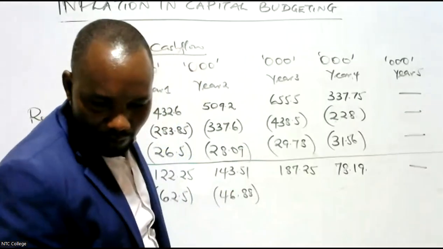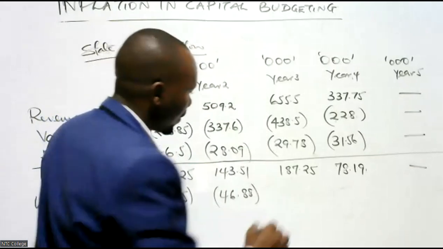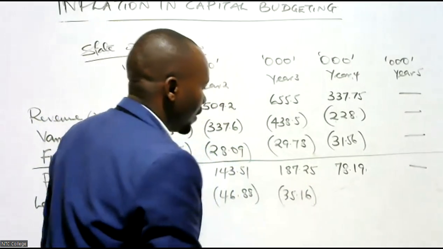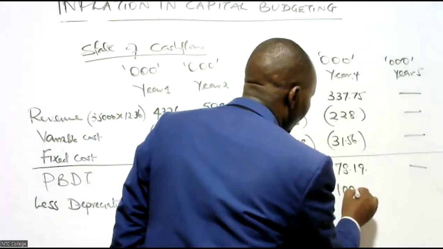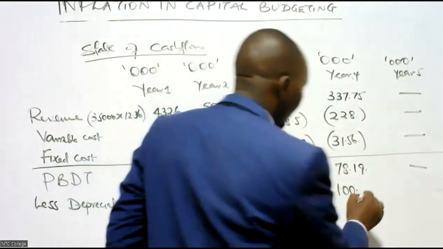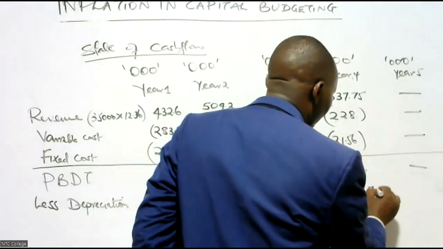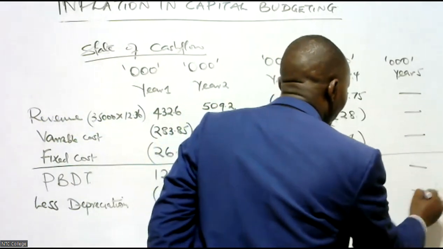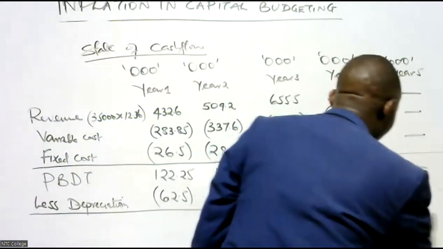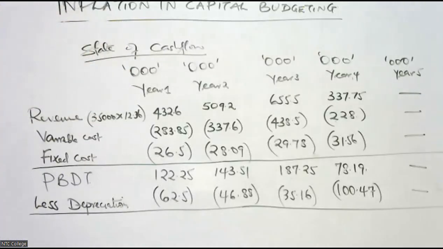And then year three, having 35.16. Here we had 1,000 point, was it 88 or 468? So it is 47. So the answer, what are we getting so that we can tax it? 122.25.